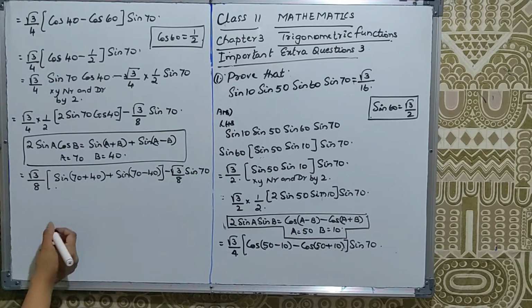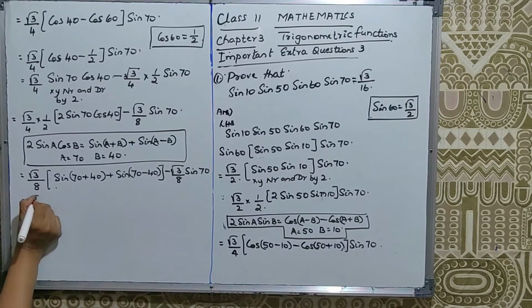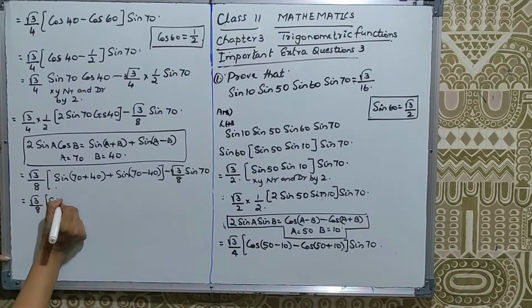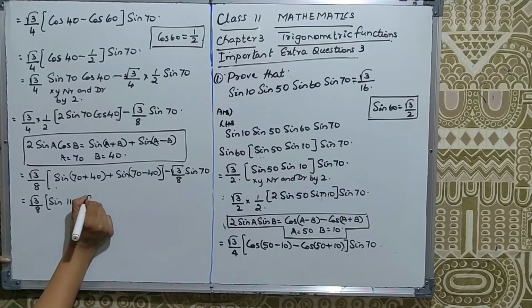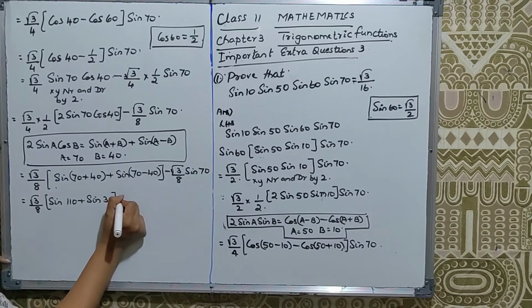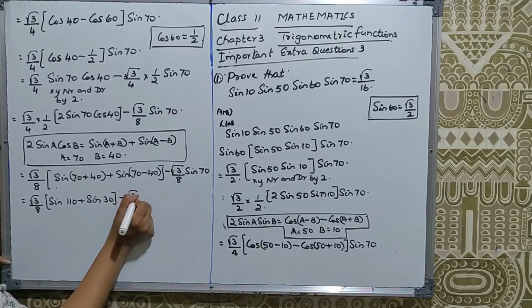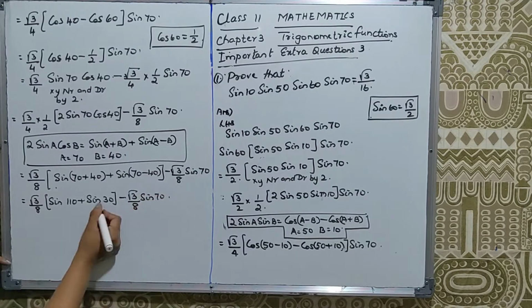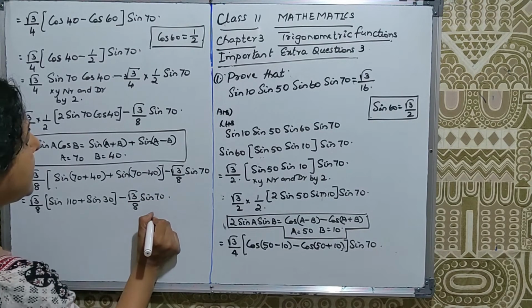Now 70 plus 40 will be 110. So root 3 by 8 into sin 110 plus sin 30, minus root 3 by 8 into sin 70. Sin 30's value is half.